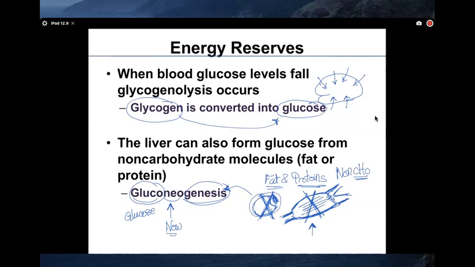Unlike this one from the glycogen. So what is the structure of the glycogen? It is simply glucose attached in chains to one another. So in the glycogenolysis, the breakdown of the glycogen, you're going to be separating the glucose from one another.